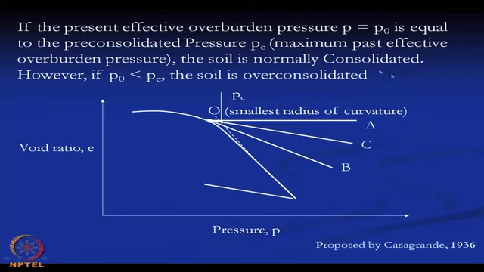Now, if this P0, the present effective overburden pressure, is less than the Pc, the past effective overburden pressure as I mentioned, then that soil is called over consolidated soil. So, this way from this e versus log P curve also we can determine the Pc value.